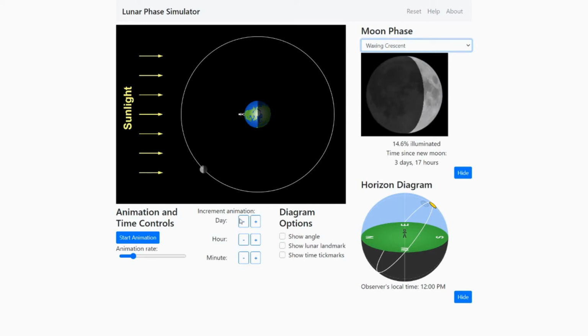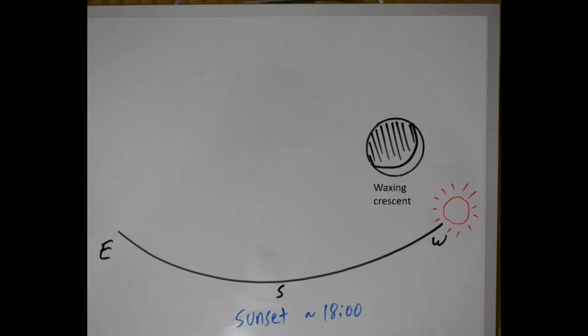And so let's take a look at sunset, 6 p.m. Well, it's hard to see, but here is the moon. The moon is here. And so we can represent that in this picture. So the waxing crescent is here in the sky.